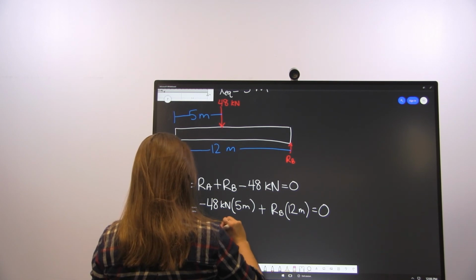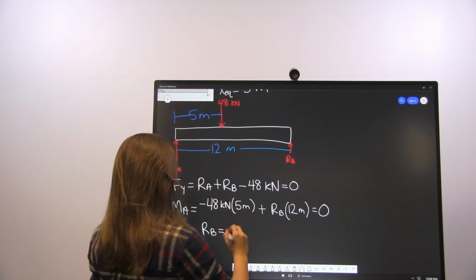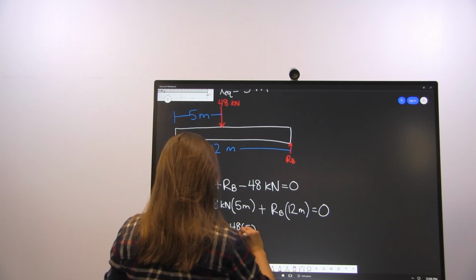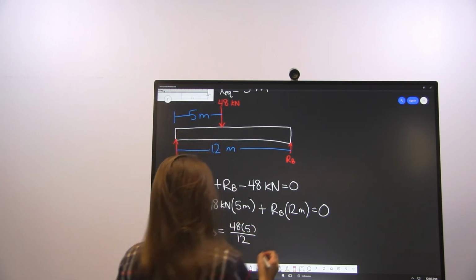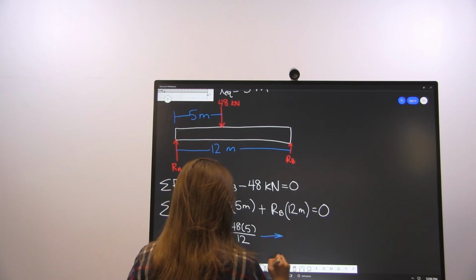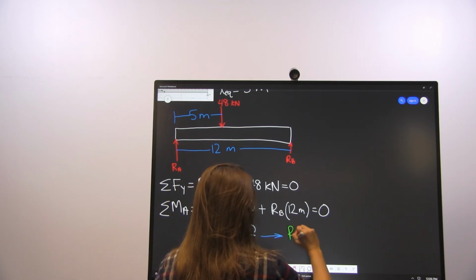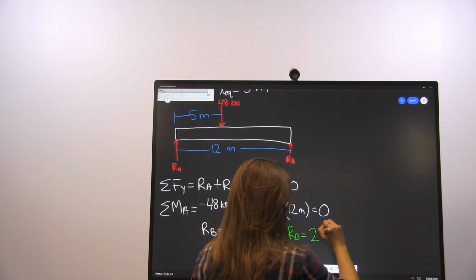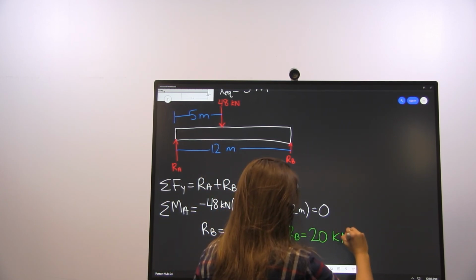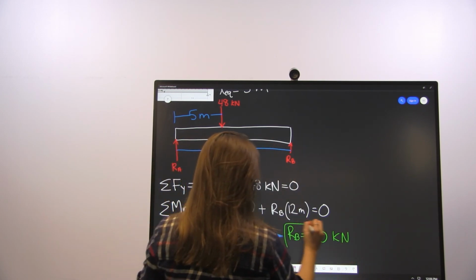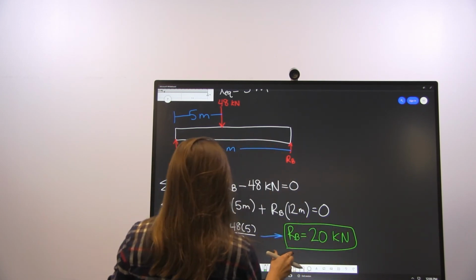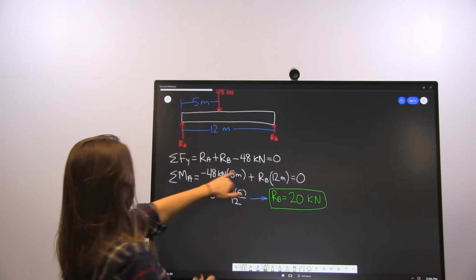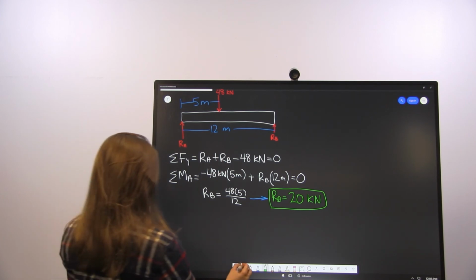Reaction at B is equal to 48 times 5 divided by 12. So that's giving us our reaction force at B is equal to 20 kilonewtons. And then from there, we can plug reaction B into this equation.